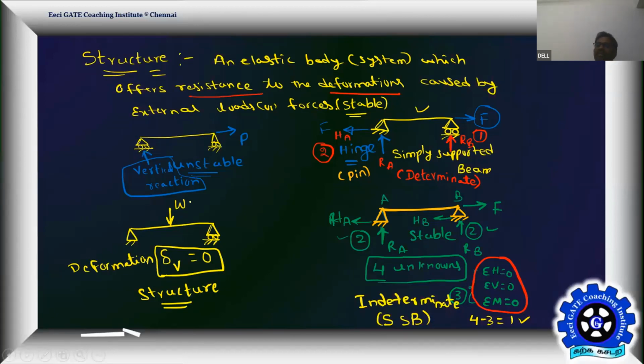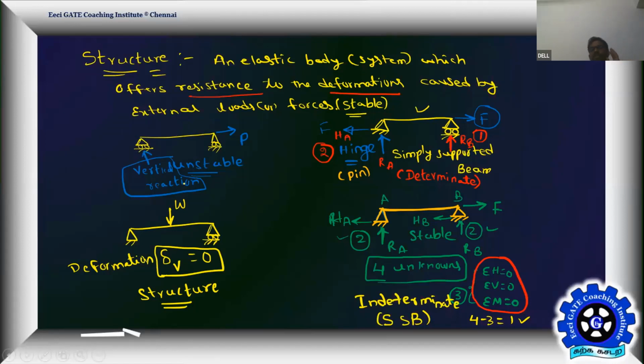Can you see the deformation of the slab? Is your slab bending too much every day? No, you are not able to see it because it is a structural element. So to call a system a structure, it should resist deformation. The deformation we cannot see, that's what we call a structure.